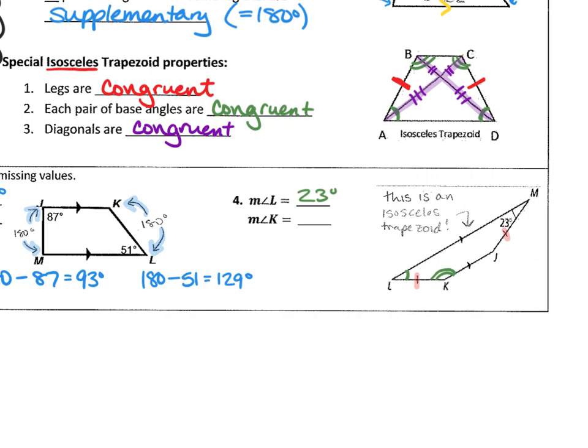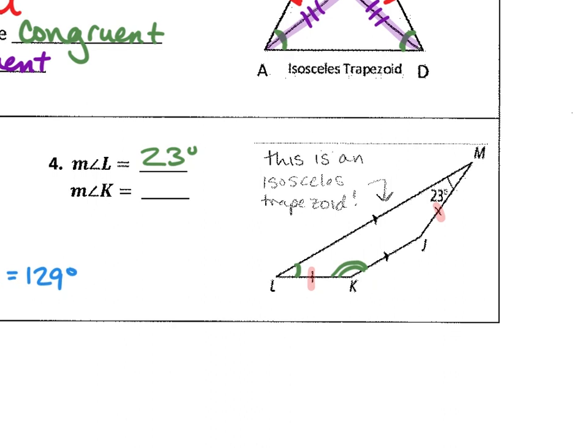But since we know, and I'm going to zoom in because I need to write a little bit smaller, if we know this is 23 degrees, what do these two angles have to add up to? 180. So what is the tiny little math problem we'll do to find K? 180 minus 23. And if we do 180 minus 23, we're going to get 157. I know you trust me on that math. So the angle K is 157.